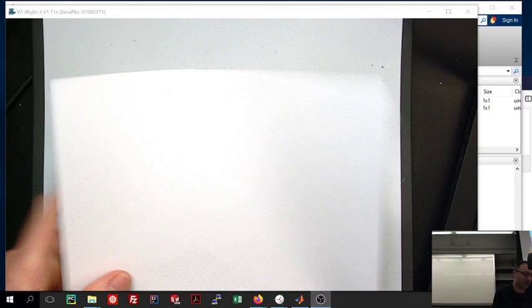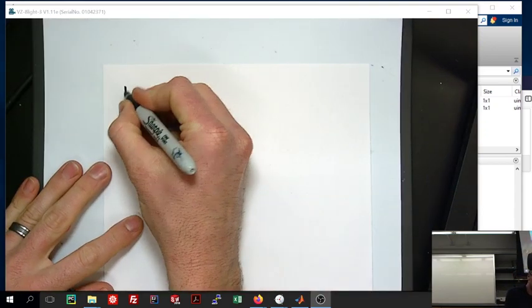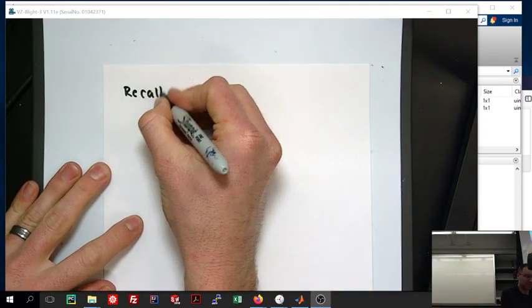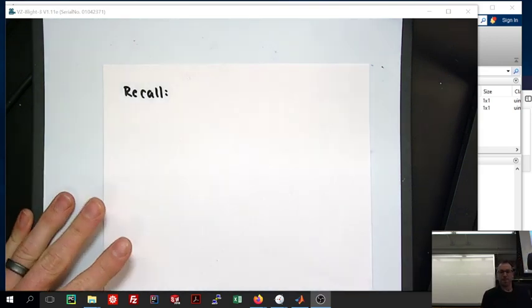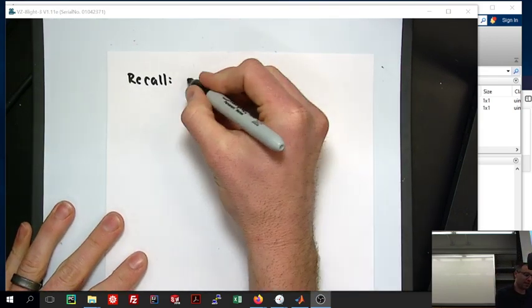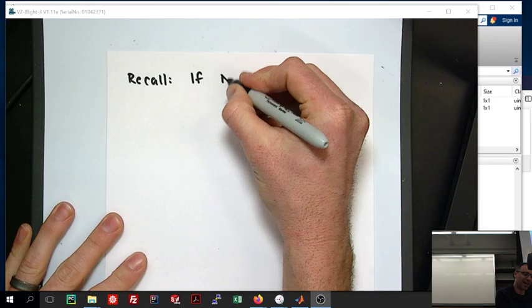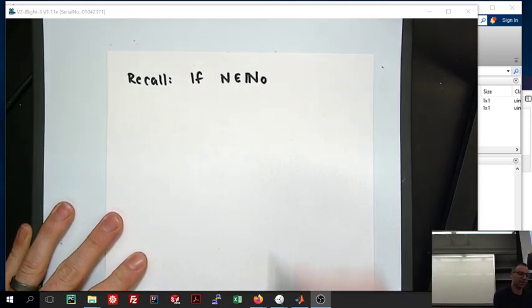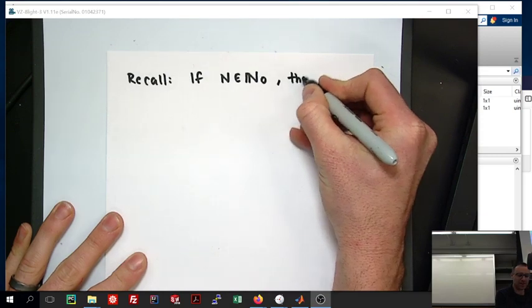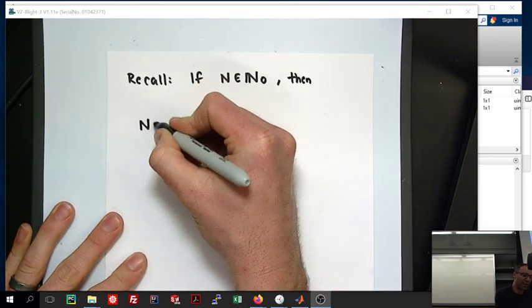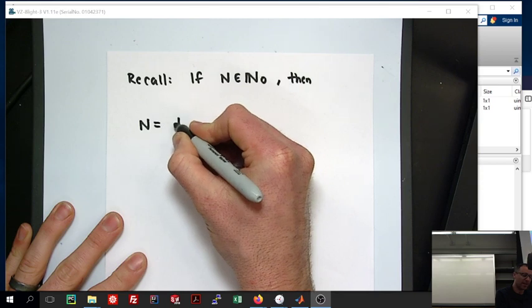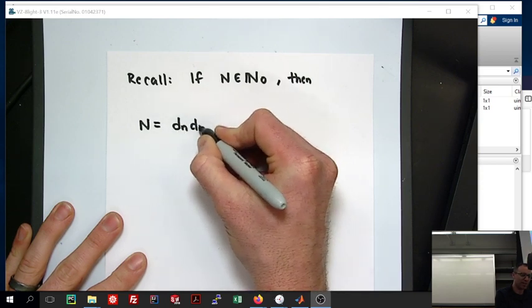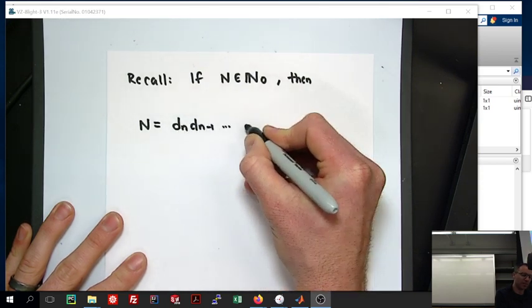So recall, if n is an unsigned integer, then we can write n. Can somebody use the sentence that I would like to use here?